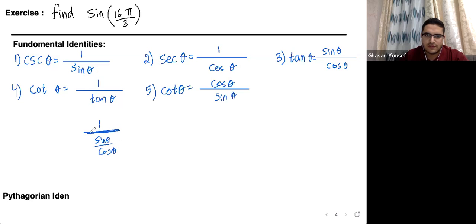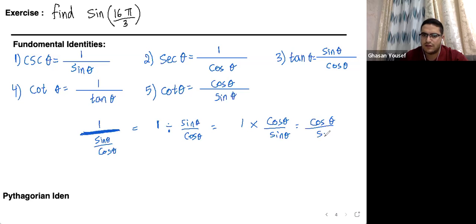So 1 divided by sine over cosine equals 1 times the reciprocal of this, cosine of theta over sine of theta. That's why the second cotan is cosine over sine.